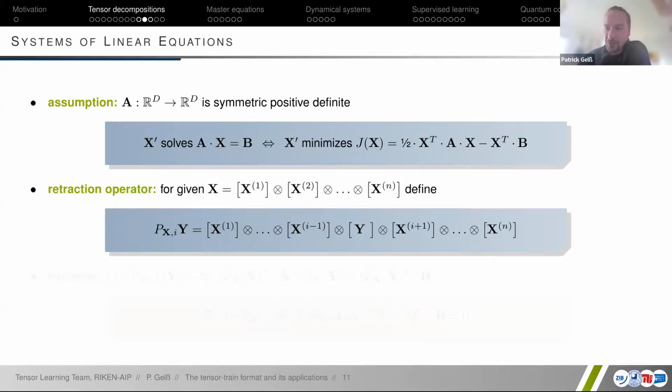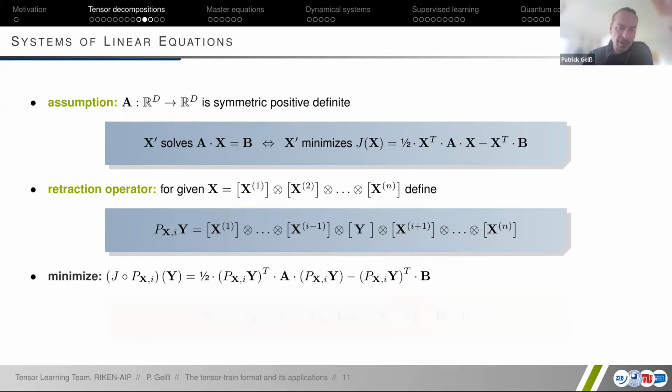Then we consider the retraction operators. This operator P_i applied to a tensor core Y takes all fixed cores, since we want to optimize one core after another, and then just plugs in the given argument, the tensor core Y, into the correct position here. So what we now do is we take our functional and our retraction operator and combine them, and we get a new functional acting on the tensor core which is to be optimized.